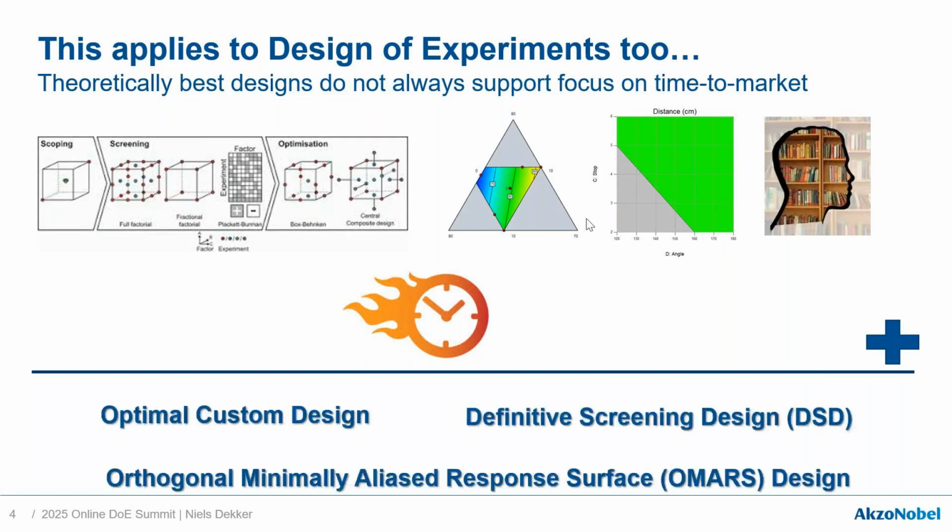That typically ends up being optimal custom designs, definitive screening designs, and although maybe less well known at this moment, still the OMARS designs, the orthogonal minimally aliased response surface designs that are coming up.